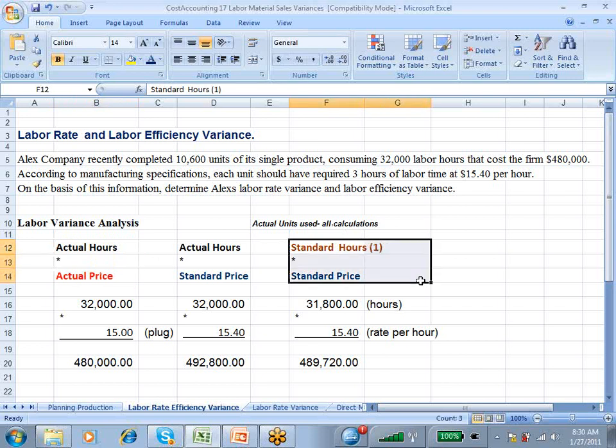Standards, what you plan on, what you budget for, are at the far right, standard hours, standard price. You'll notice as we go through, that's the way all the charts are going to be set up. Actuals on the far left, your budgeted or standard is on the far right. We have some activity in the middle that is a blend of actual and standard.